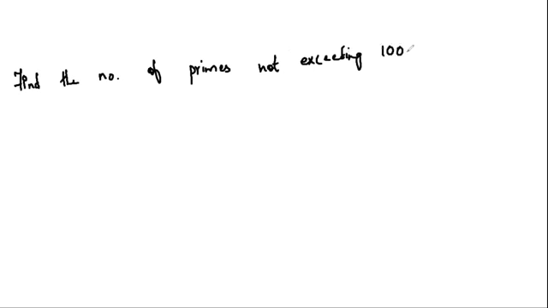We want to find the number of prime numbers not exceeding 100. First we have to note that a composite integer not exceeding 100 must have a prime factor not exceeding 10. Now what does this mean?